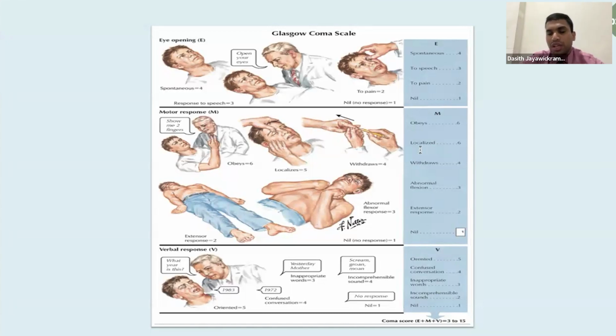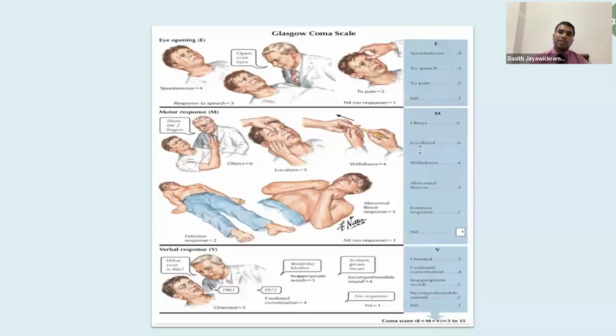And for motor, if you give a command to the patient, okay, lift up your hand like this, if the patient does that, the GCS motor component is 6. If the patient can localize the pain, where is the pain, if you prick the foot and the patient can localize the pain, that is GCS 5.